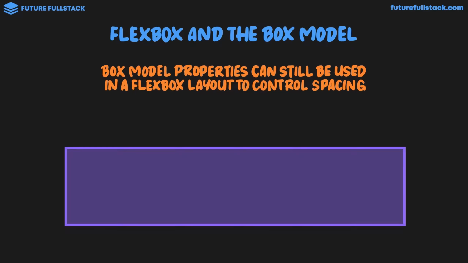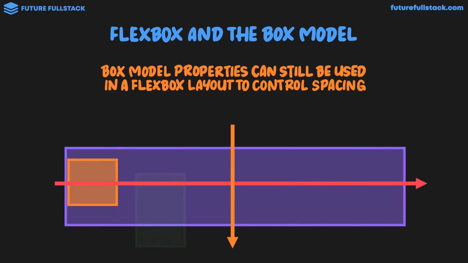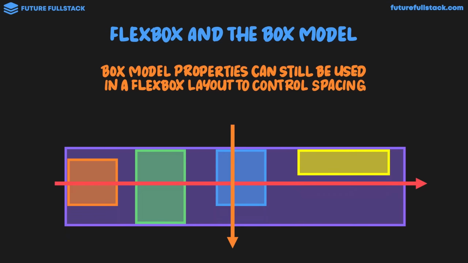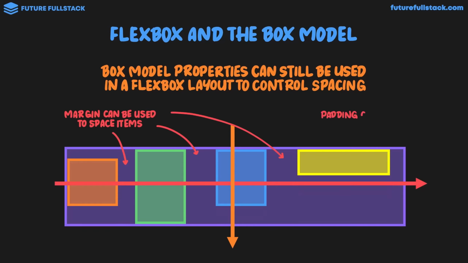We have our Flex container, our main axis currently in row running from left to right, and our cross axis running from top to bottom. And we have the following Flex items in our Flex container. Margin can be used to space items, and padding can be used in Flex items. So using the box model properties of margin and padding can still be applied to Flex items in a Flex container. Let's check this out in VS Code.